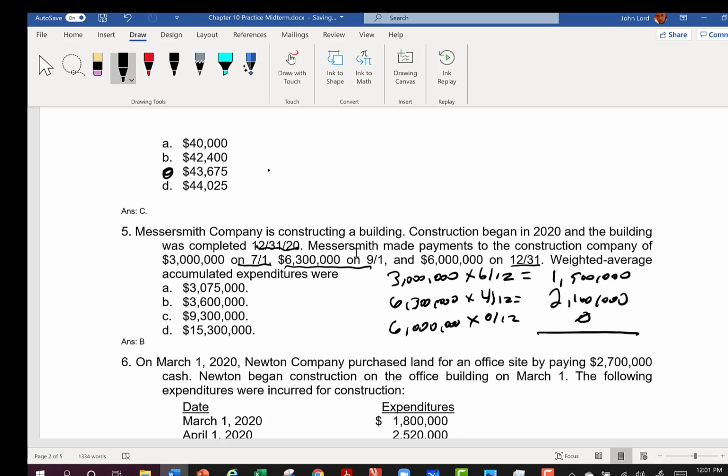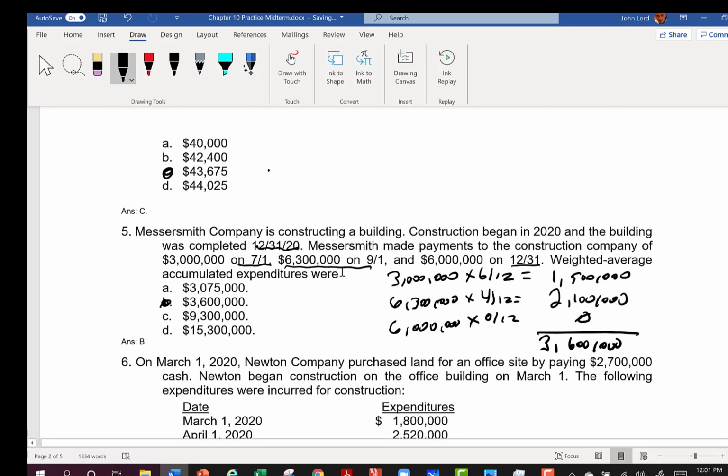You add that up. Remember guys, sometimes my zeros turn into sixes. So that's 2,100,000. That gives me 3,600,000, which is choice B. Good. Doesn't it feel good when you get one of the choices and it's right?